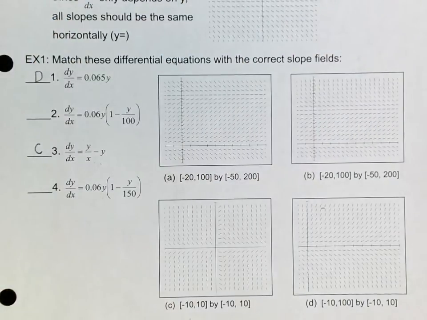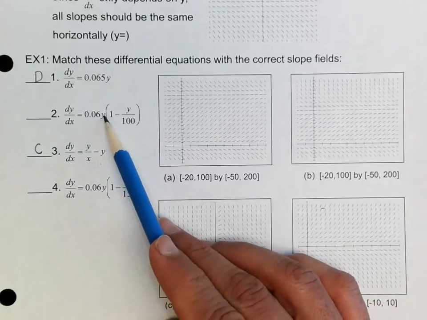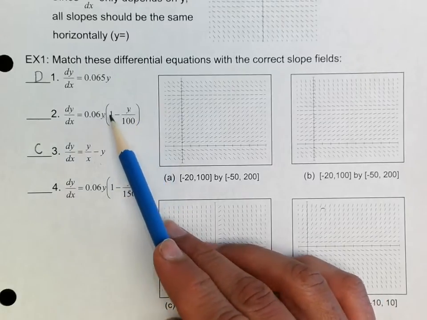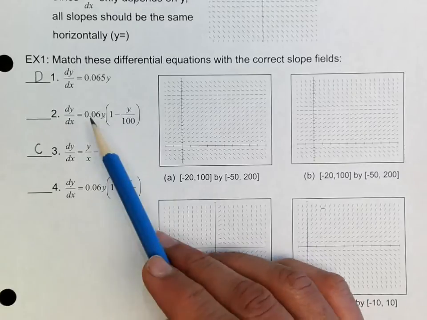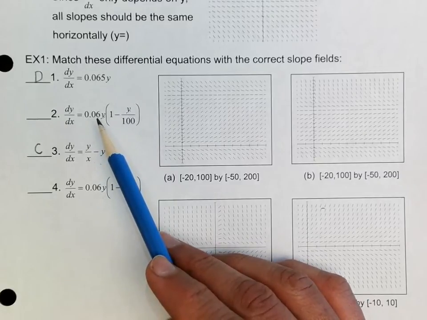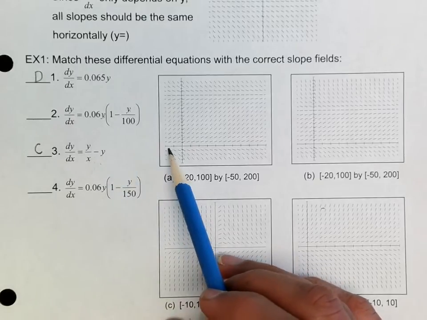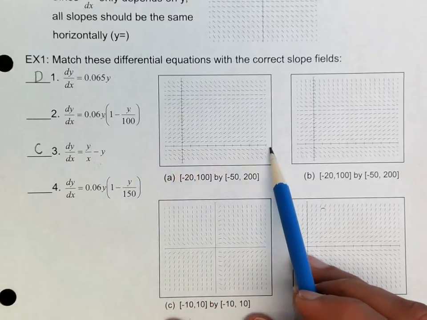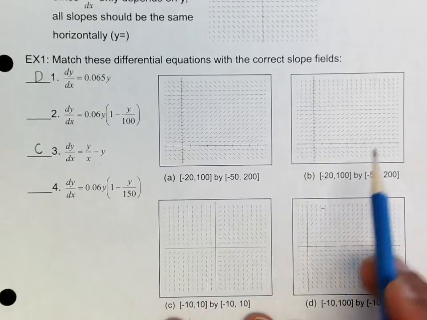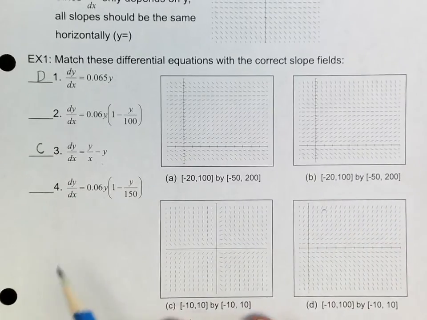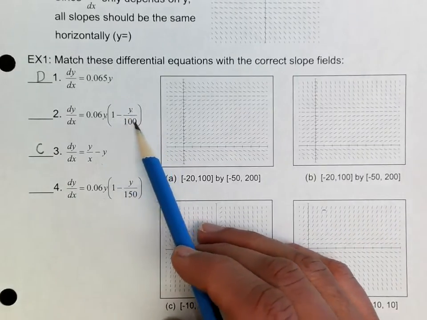Now the next two, the easiest way to do that is to notice that if y is equal to 0, the whole thing is 0. So you should have horizontal slopes at y equal to 0, which is the x-axis. And what else would make this 0?